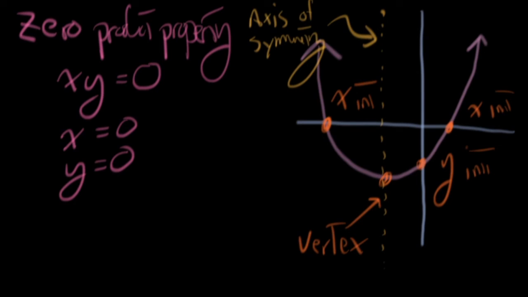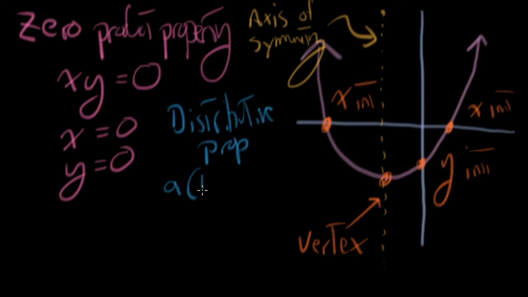We're also going to have to go back into our memories and remember something about the distributive property. Remember, that's the really cool thing that did this kind of stuff: if you had A times B plus C, you got AB plus AC.